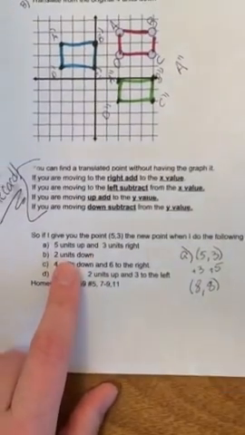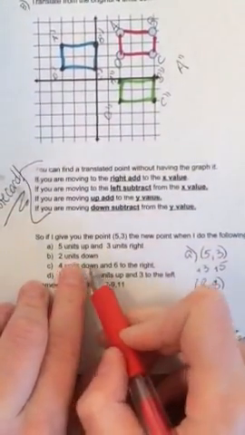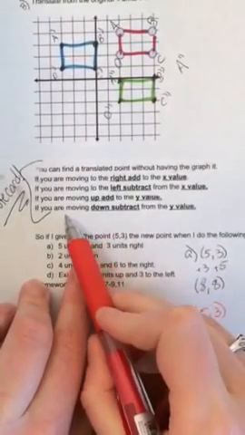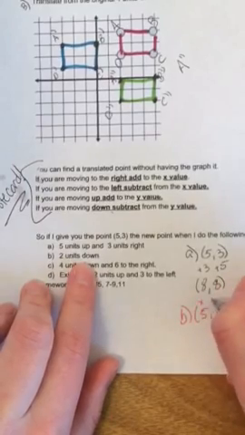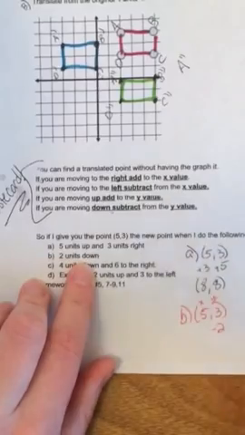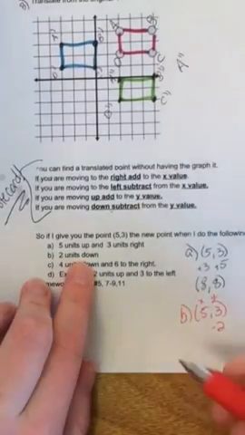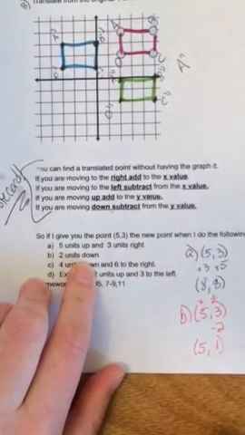Now B, I'm going to start with the same point again, 5, 3. That's 2 units down. If I'm doing 2 units down, that means I subtract from the Y value. Remember, it's X comma Y, so Y is always the second number, and I'm going to subtract 2 from that. I didn't do anything to the X, so I'm just going to leave it. It's 5 comma 1, because 3 minus 2 is 1.